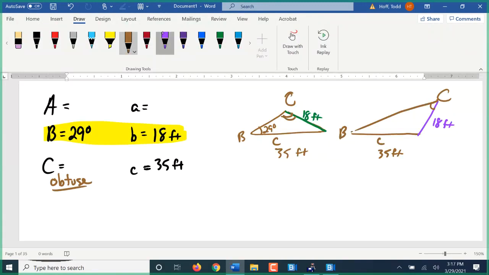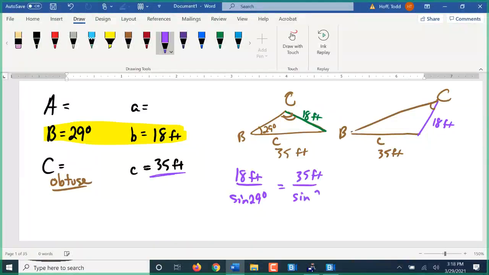So we still have a side and its opposite angle. We still have the 18 feet, and it is opposite the 29-degree angle. The only other piece of information I have is 35 feet. That has to go on top because it's the length of a side. What's going to go below it?